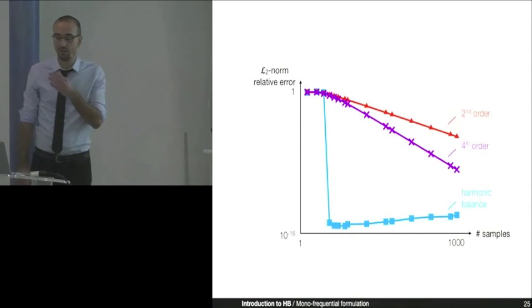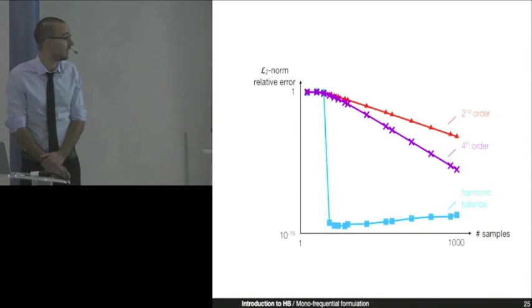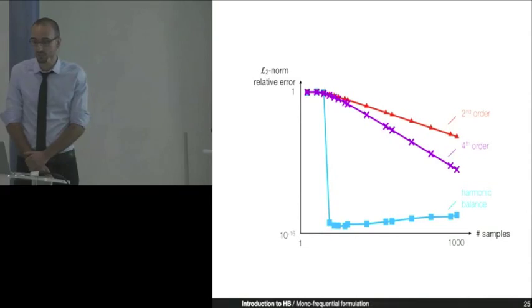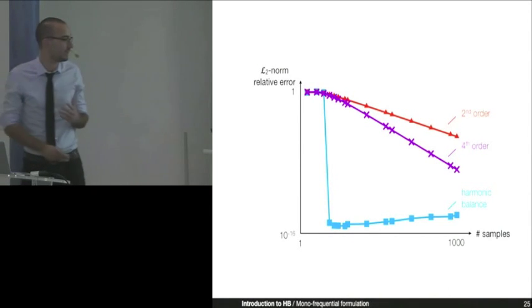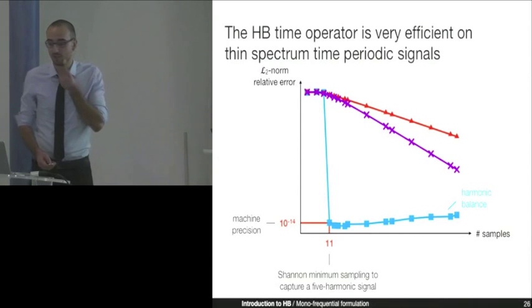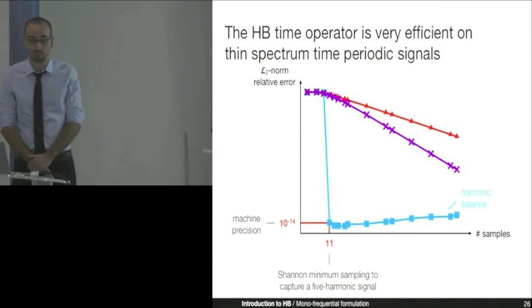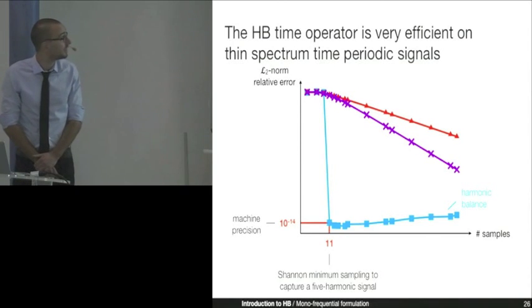As you can see, in red is the second order derivative, in purple the fourth order, and in blue the harmonic balance. You can see that using only 11 time samples, we get machine precision with the harmonic balance. And actually, 11 time samples is the Shannon minimum sampling to capture a 5-harmonic signal.